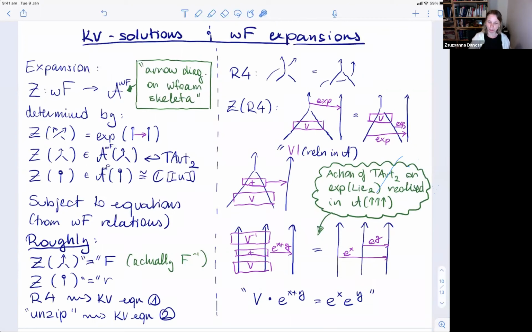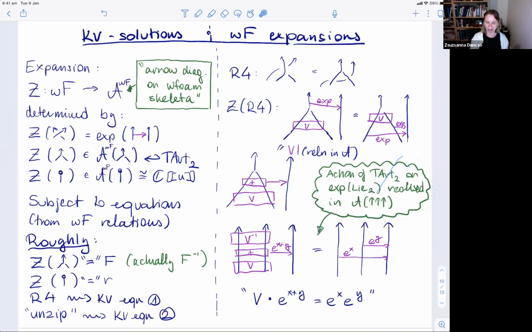So I just drew a picture of how this R4 implies the first KV equation. And I think if you're used to finite type invariant diagrammatic calculations, then this picture makes some sense. If you're not, then it will make no sense whatsoever. But that's all right.